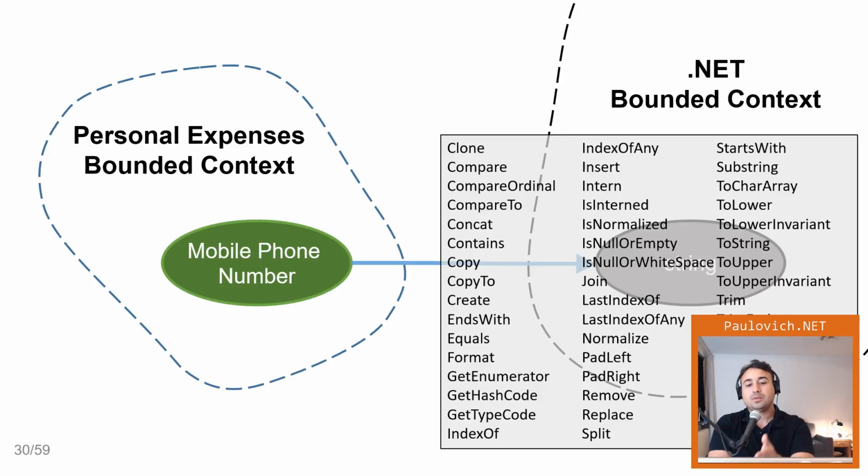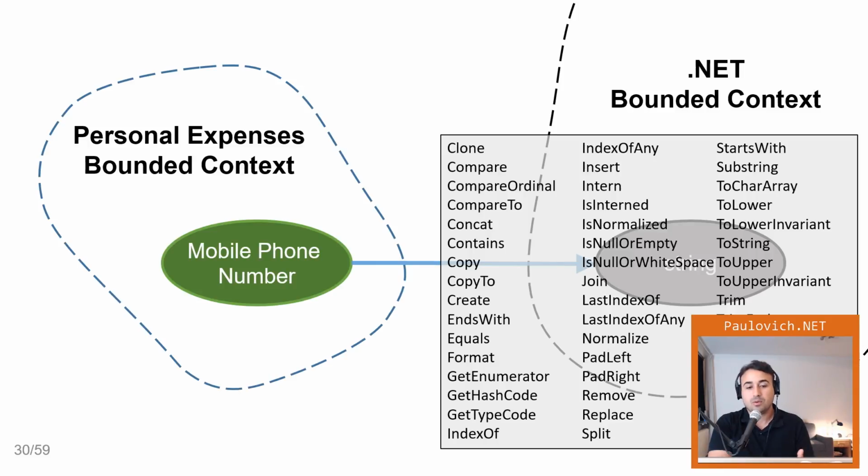First, all these methods that are exposed by the string type, like clone, compare, copy, normalize, that are not clear for our business, are hidden from the personal expenses bounded context, right? By being hidden, I mean they are encapsulated by the mobile phone number.